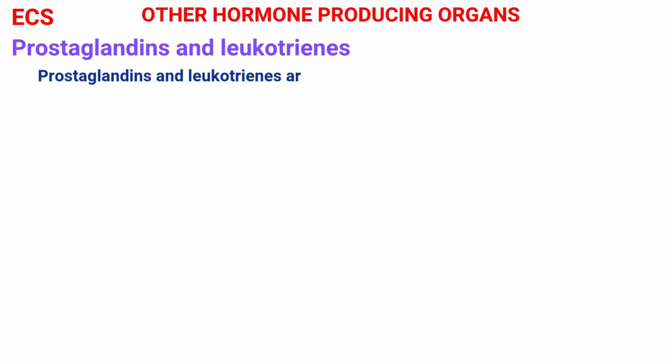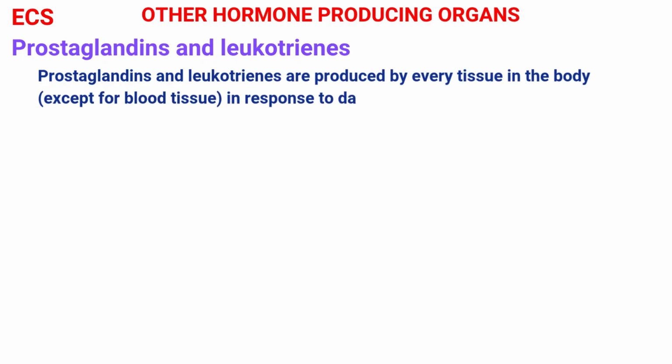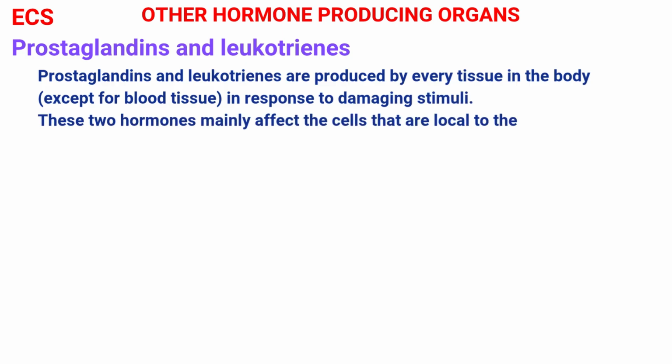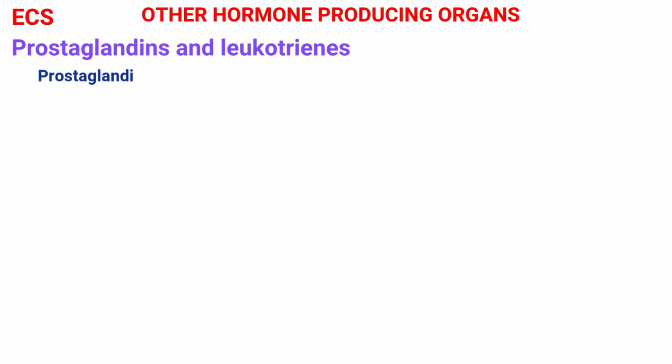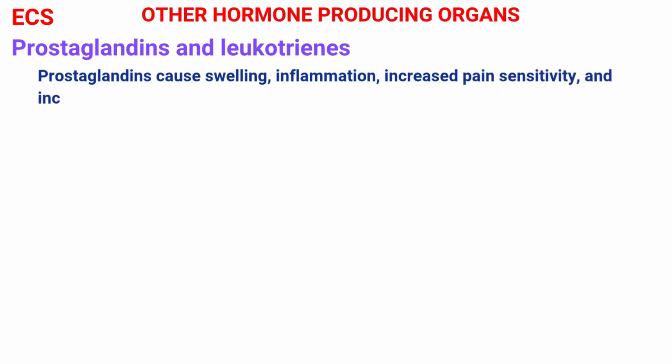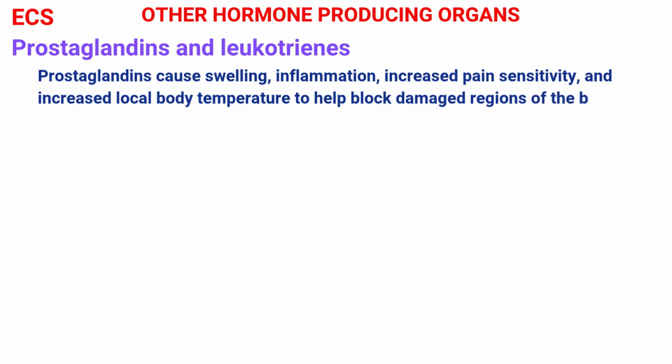Prostaglandins and leukotrienes are produced by every tissue in the body except for blood tissue in response to damaging stimuli. These two hormones mainly affect the cells that are local to the source of damage, leaving the rest of the body free to function normally. Prostaglandins cause swelling, inflammation, increased pain sensitivity, and increased local body temperature to help block damaged regions of the body from infection or further damage.